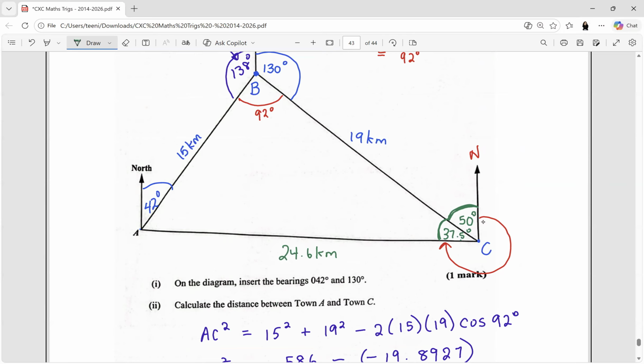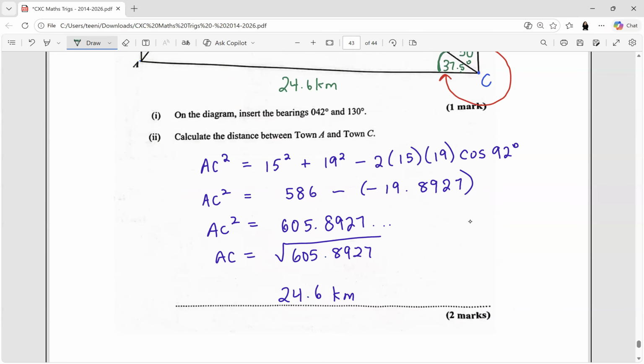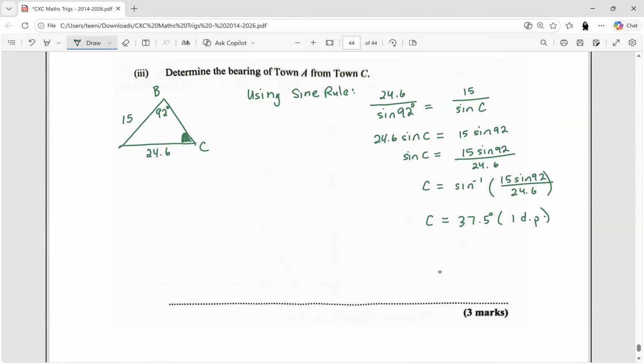And if this angle is 37.5 and this angle is 30 degrees, then the angle on the outside here, which is the bearing of A from C, will be 360 degrees minus the sum of that, 37.5 and 30 degrees. So therefore, the bearing of A from C is equal to 360 minus the sum of the two angles, 30 plus 37.5.